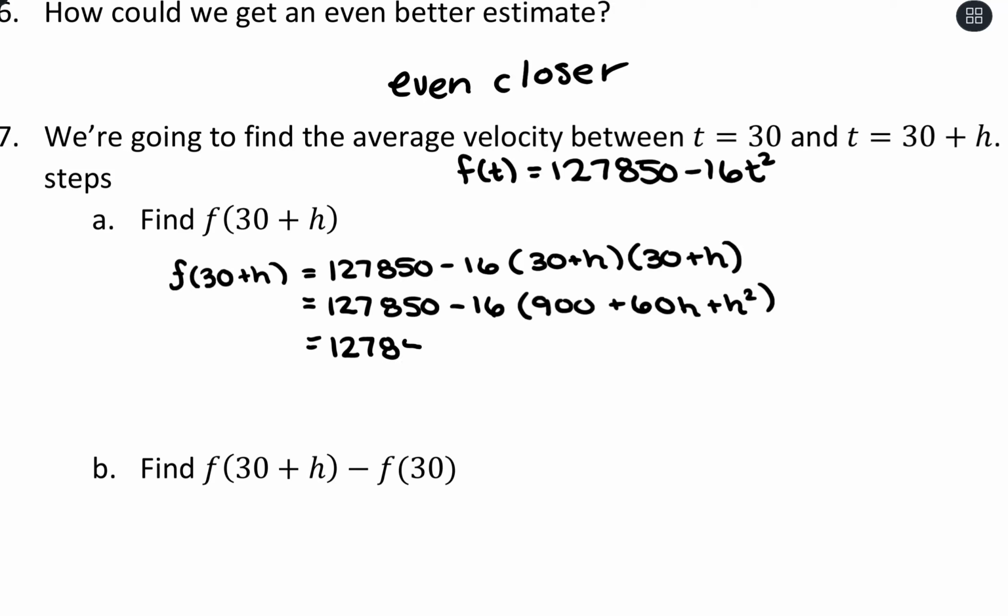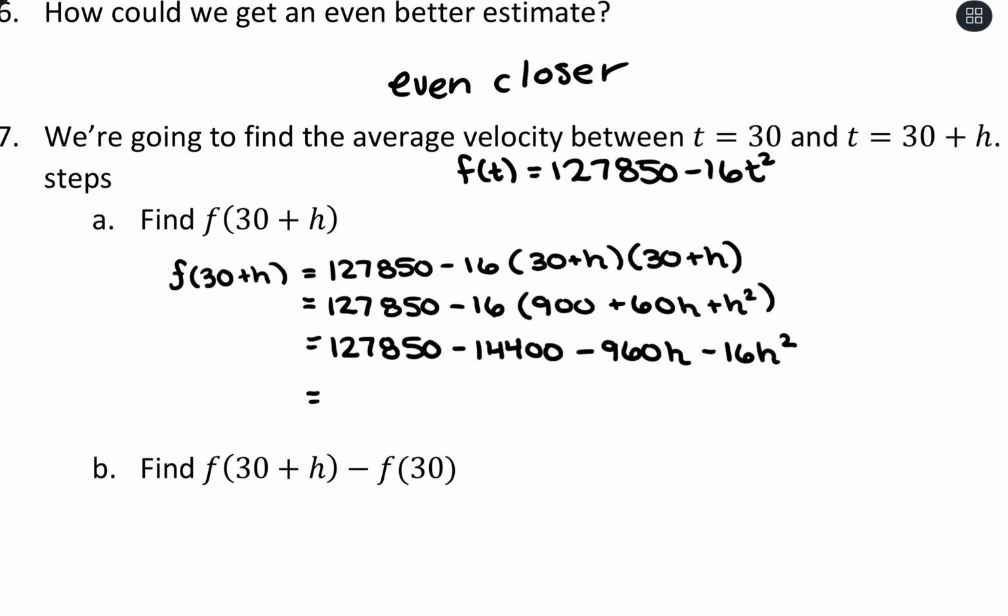And then we're going to distribute through that negative 16. So negative 16 times 900 is a negative 14,400. And then minus 16 times 60, so minus 960h. And then minus 16h squared.